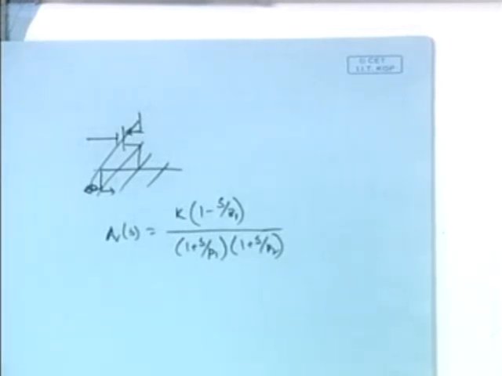This is basically the gain formula, isn't it, for a 1 zero and 2 pole system. So just equate the phase margin with the angle of these.